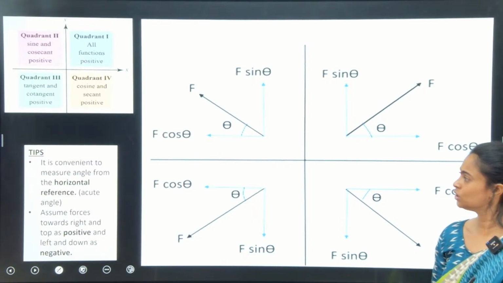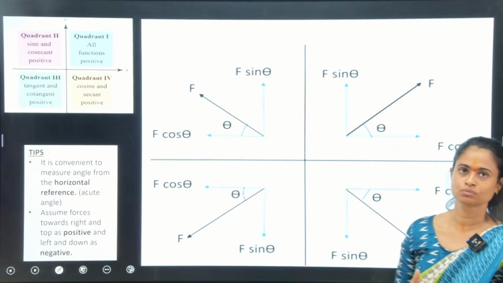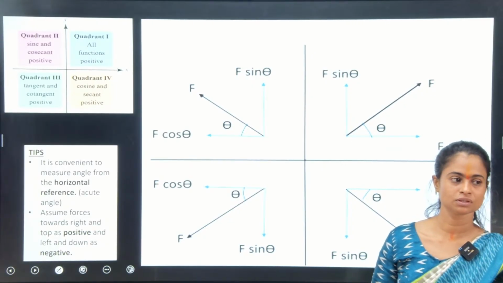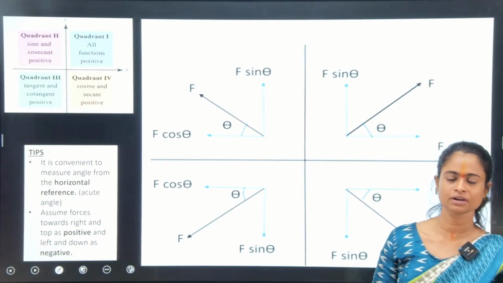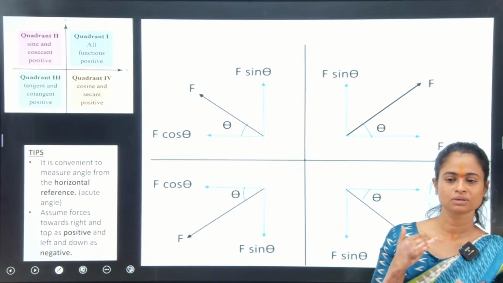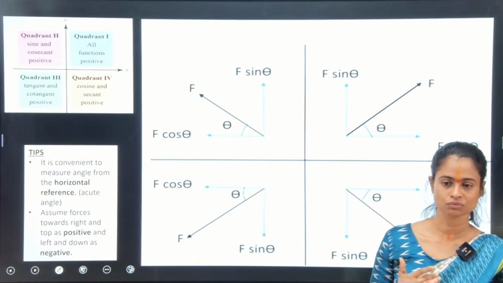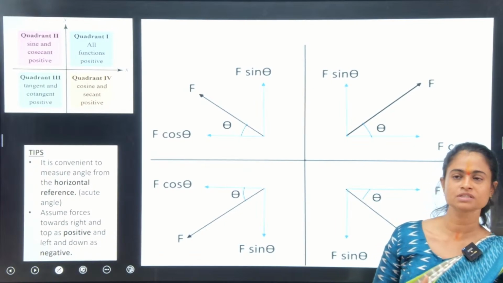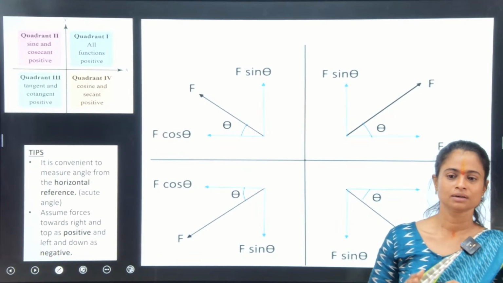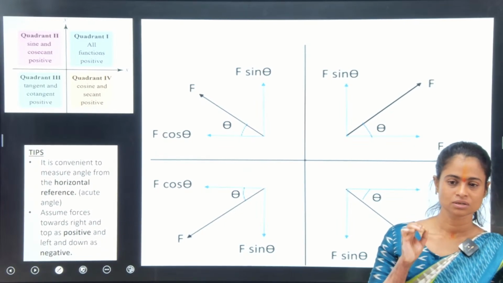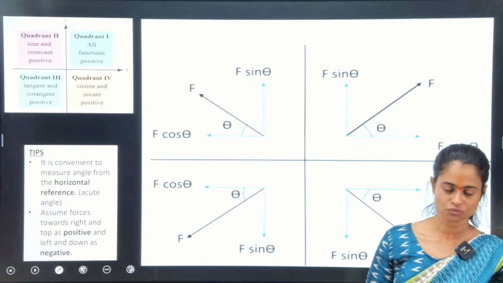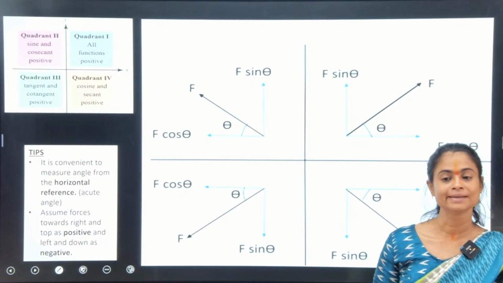So to solve problems with forces inclined at different angles, we have to have a clear understanding of how to resolve forces, because most students make mistakes while deciding the cos component and sine component of the force, and also the direction.